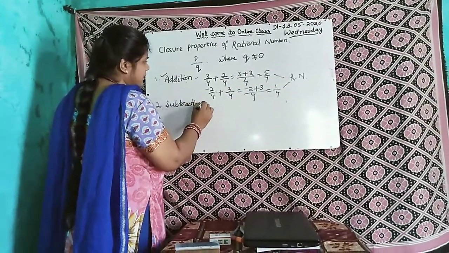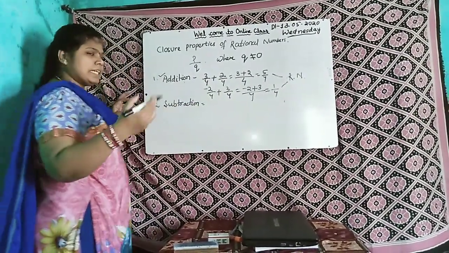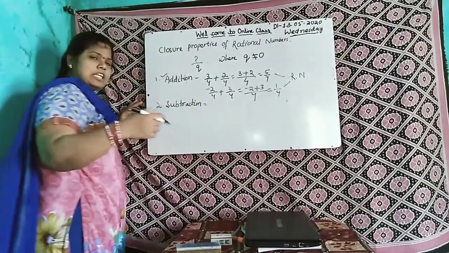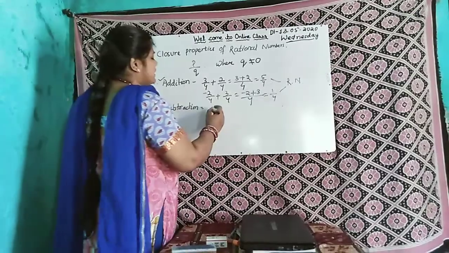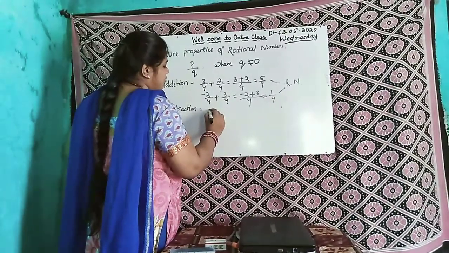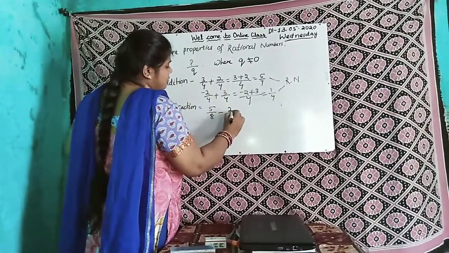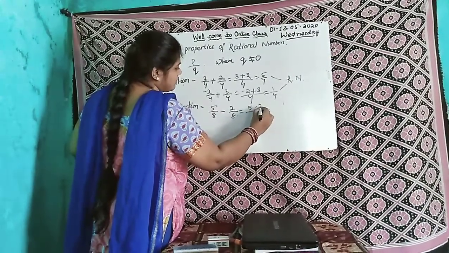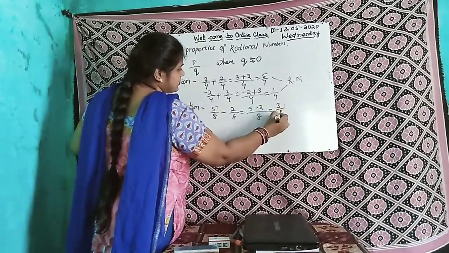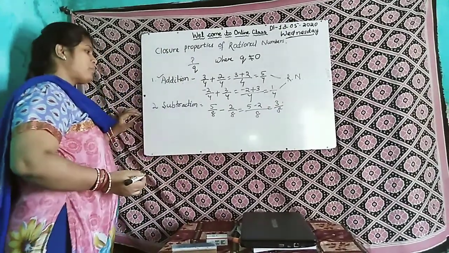Then you come to subtraction. Under subtraction, same thing. Again you take any two rational numbers. You can try yourself by taking other numbers at home also. Suppose 5 by 8 minus 2 by 8. The denominator is 8, and 5 minus 2 is 3, so 3 by 8, which is a rational number.